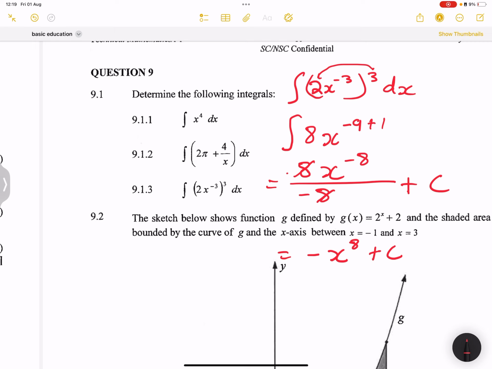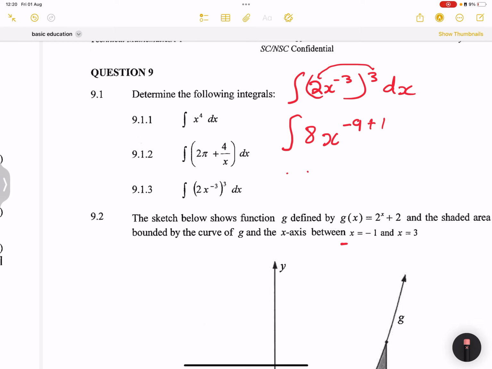If you want to write it in another form, you can simplify it to minus 1 over x to the power of 8 plus c. Nothing wrong with that.